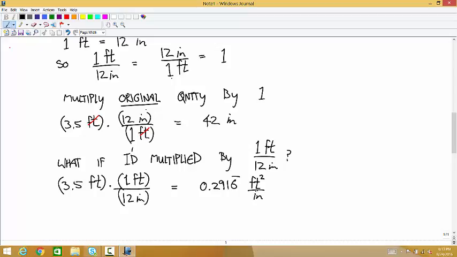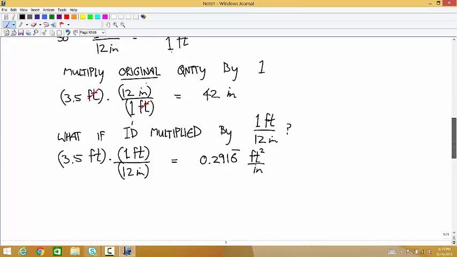And it's not wrong. This is a valid unit of length. You could use that. And this is the correct length. This is a length that's equivalent to 3.5 feet expressed in this funny set of units. It just isn't the set of units that I asked for. It isn't the one we want.